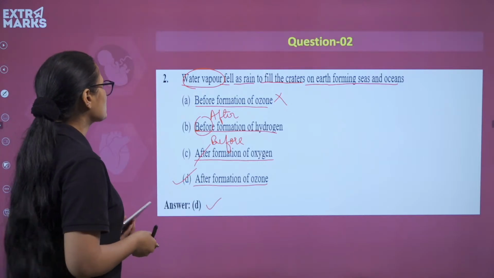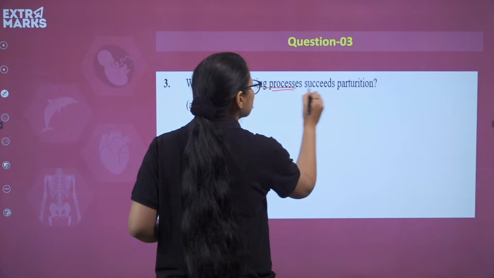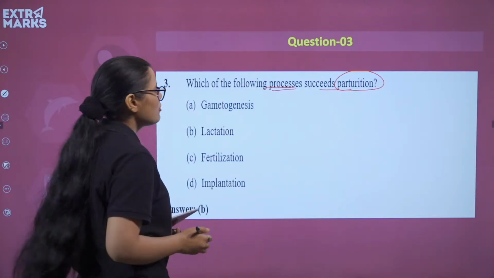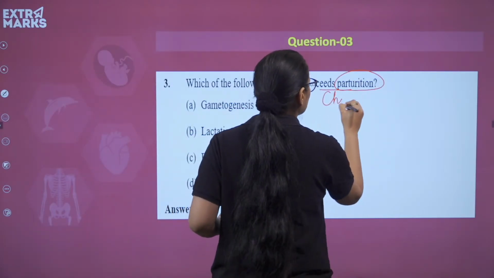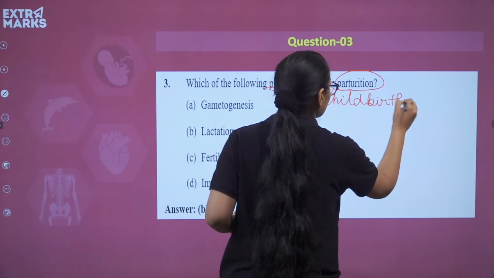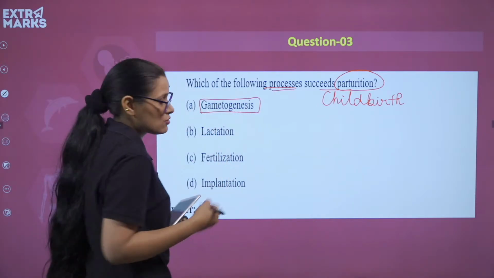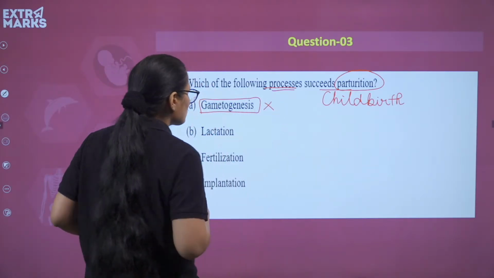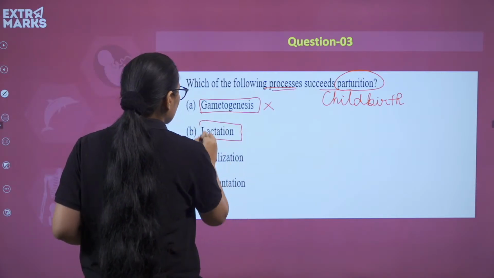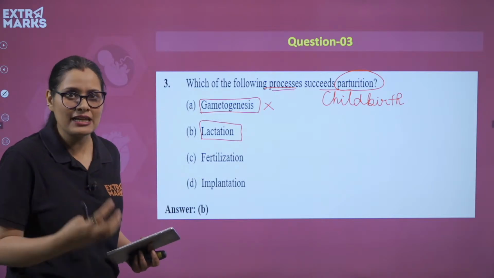The next question is question number 3, that says, which of the following process succeeds parturition? We all know parturition is childbirth. Options are gametogenesis, which is formation of gametes. So obviously childbirth happens after gametogenesis. Lactation happens after childbirth, which is the process of feeding the newborn.